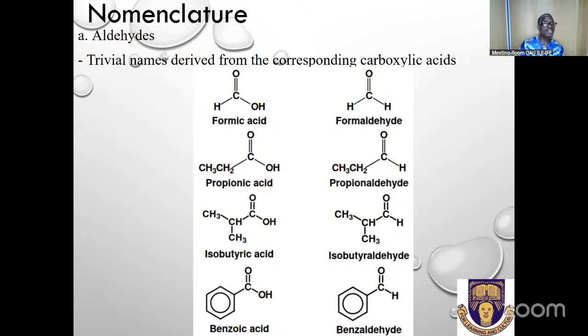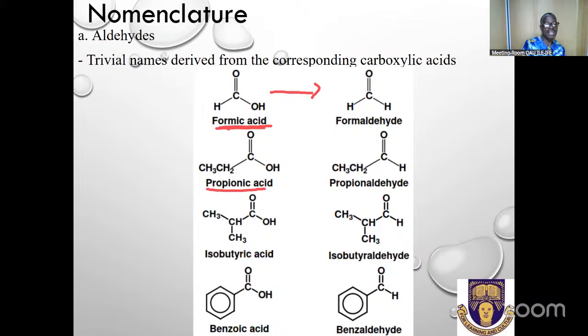But let's start with the trivial names, which are usually derived from the corresponding carboxylic acid. For example, this first one is formic acid. So the corresponding aldehyde is formaldehyde.